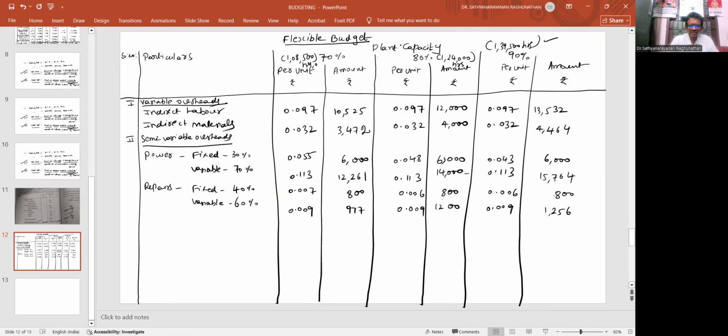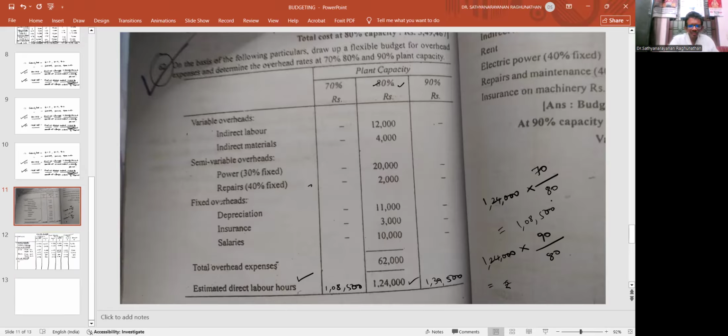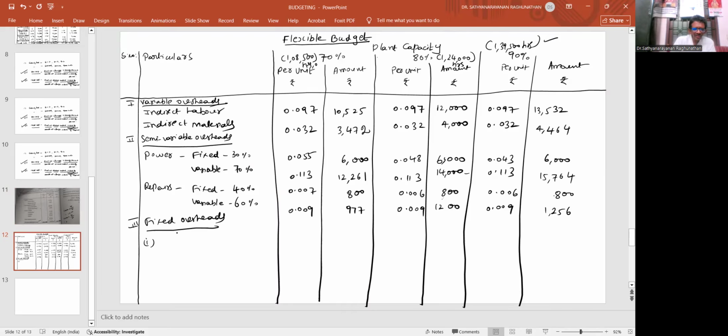Fixed overhead. It's very easy. Now, fixed overheads. First one, what is that? Depreciation, insurance, salaries. Okay. First one is depreciation.